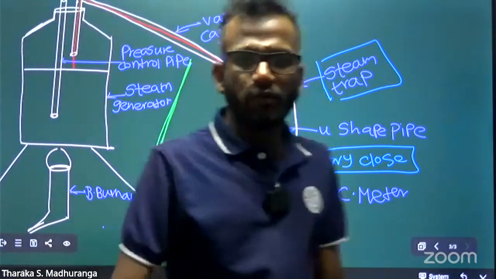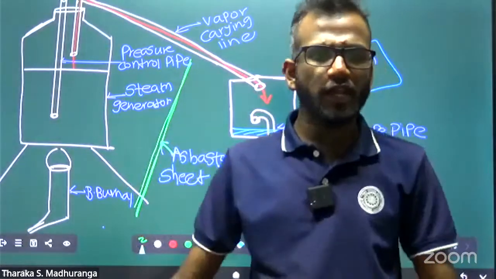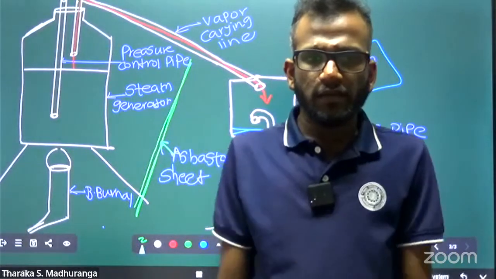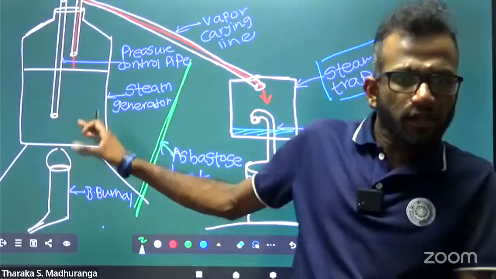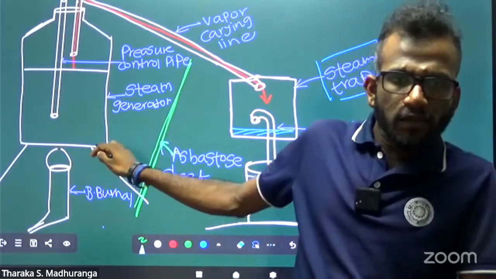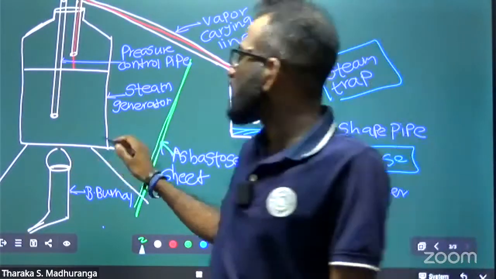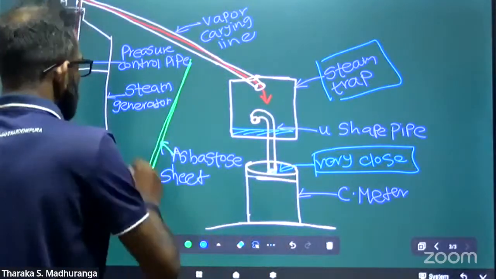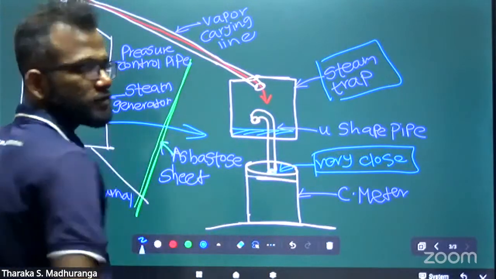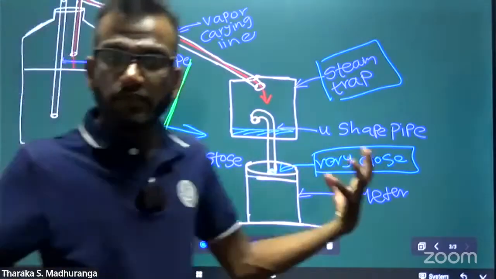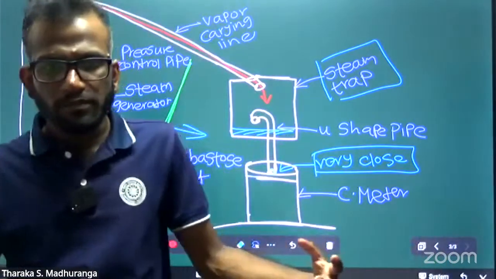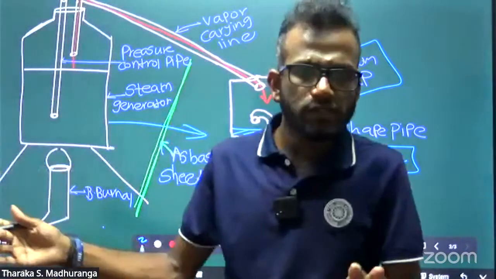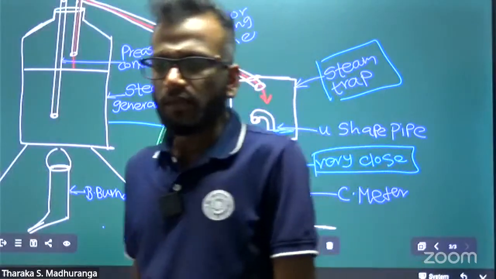Then we can avoid heat transfer. The heat generated in the Bunsen burner would not transfer to this side. If we increase the distance between the two structures, is it okay or not? Arshad, what do you think? Exam questions.